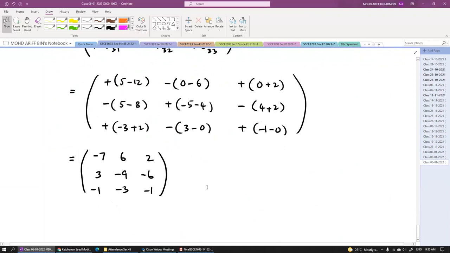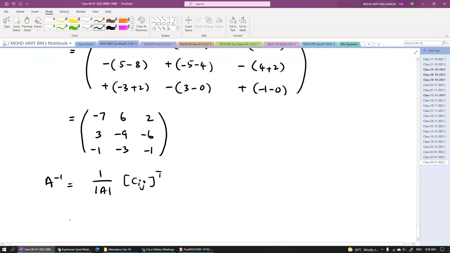Row now becomes our column in the transpose. So maybe we proceed to A inverse directly. 1 over determinant A, times cofactor IJ transpose. Our determinant of matrix A is negative 9.